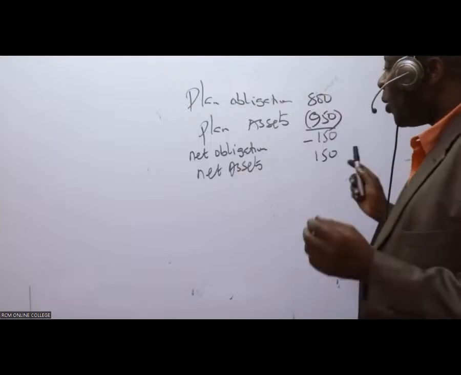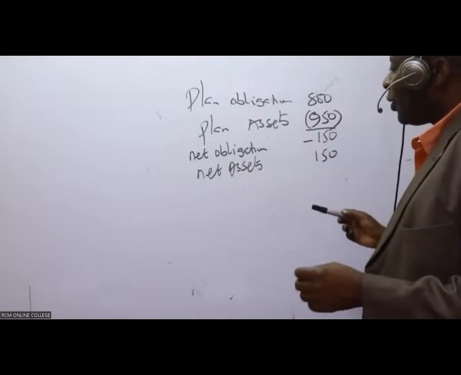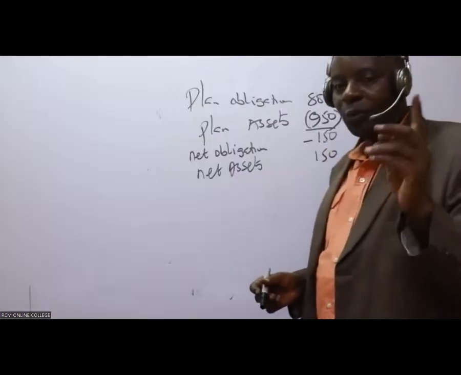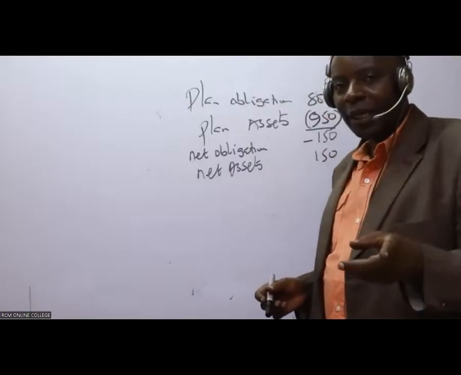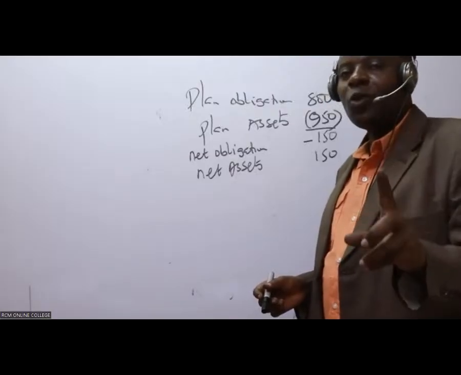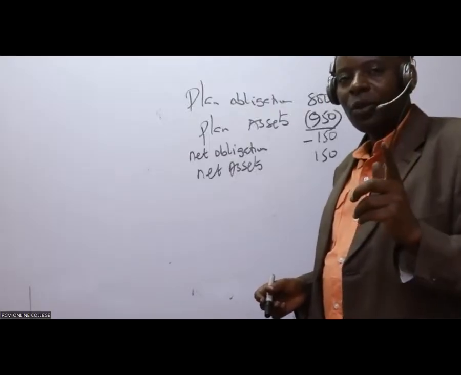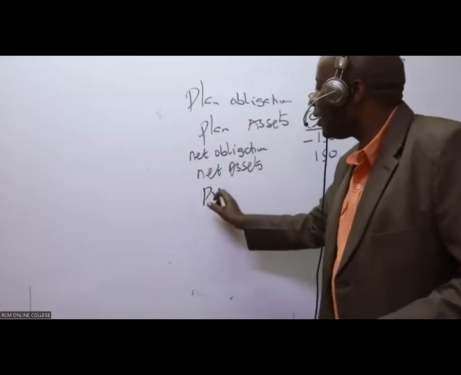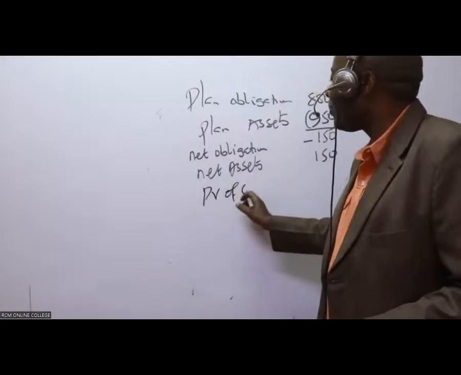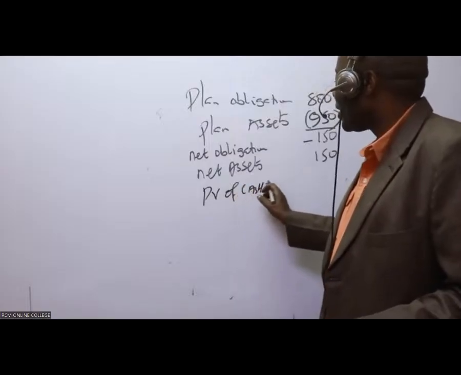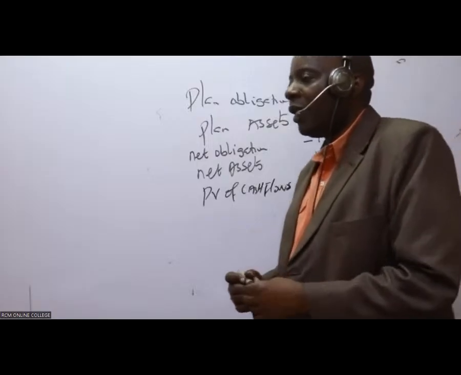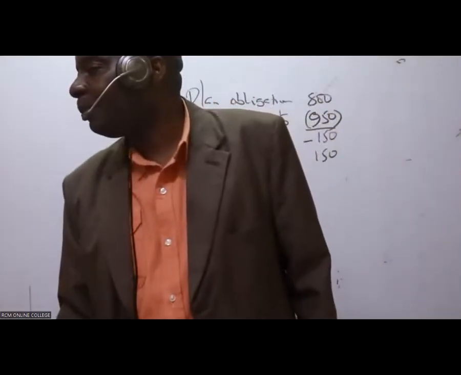So whenever you have net assets overall, you must now project the cash flows that you expect into the plan. And those cash flows, you'll need to discount them. So in this case, look for anything you're given called the present value of the plan's cash flows. Are you able to see the present value of the plan cash flows?